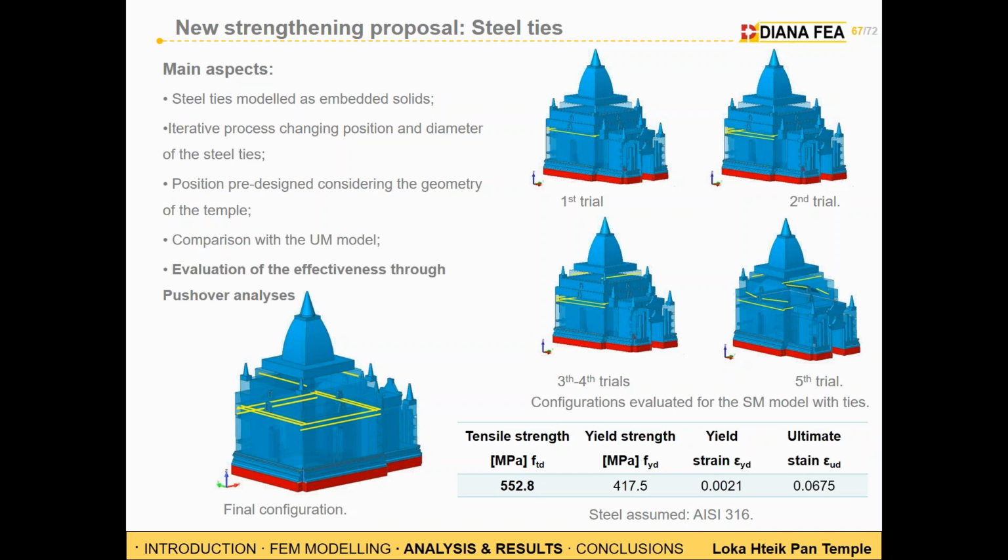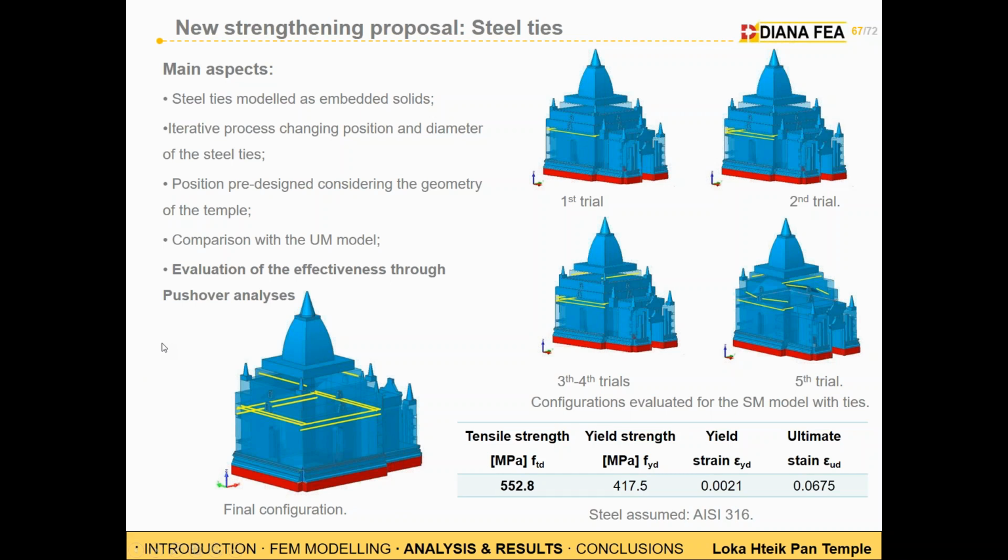And we performed an iterative process changing the position of the ties and the diameter, and it's really easy and fast to change the diameter from the DAT file, because it's just a question of changing the cross section for the steel material. And it's worth underlining that, talking about an historical monument, we had to design this new strengthening proposal considering aesthetical details and the original shape of the structure.